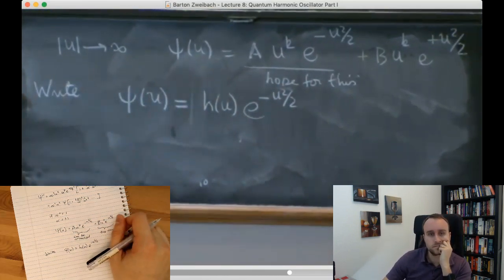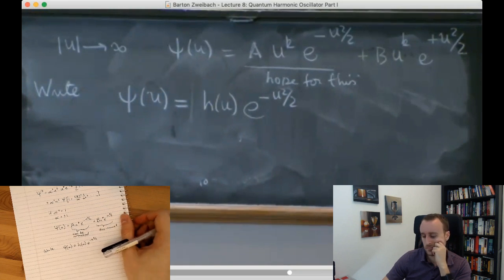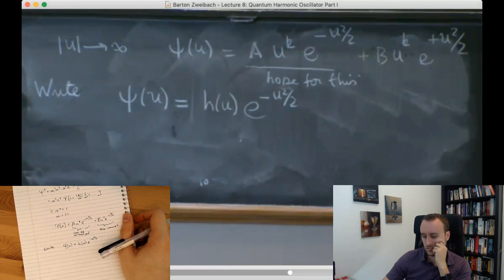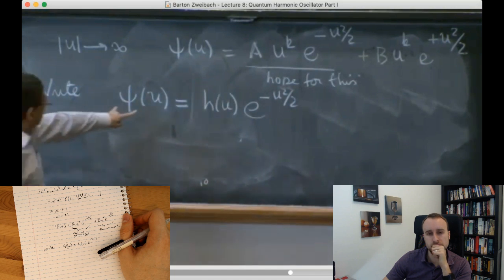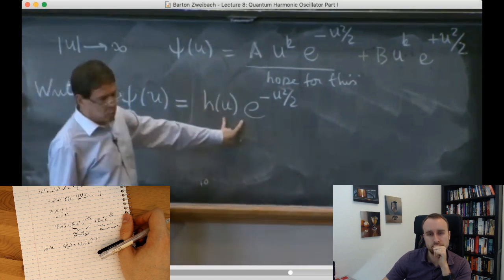Now you can say, why, what are you doing? Are you making an approximation that this is what it is going to look like far away? I'm not making any approximation. I'm just saying, whatever psi is, it can always be written in this way.